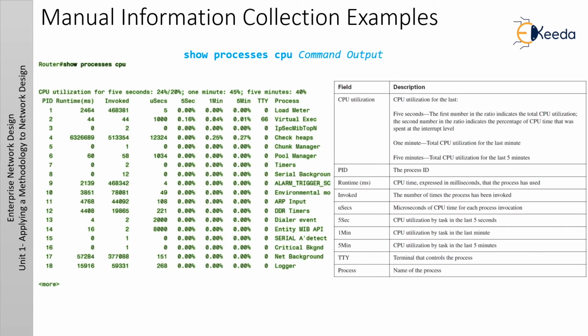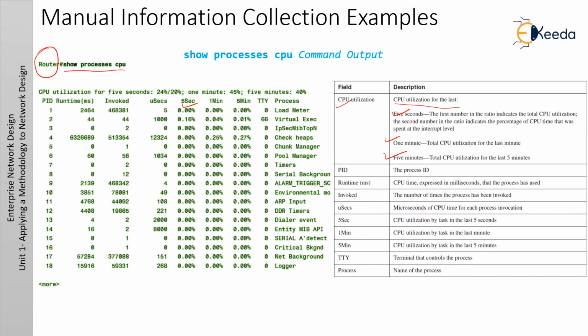Here we see the command in a Cisco router. The command is show processes CPU, and this comes under manual information collection. When running this command, we get this information: CPU utilization for the last 5 seconds, 1 minute, and 5 minutes. The first number in the ratio indicates the total CPU utilization.